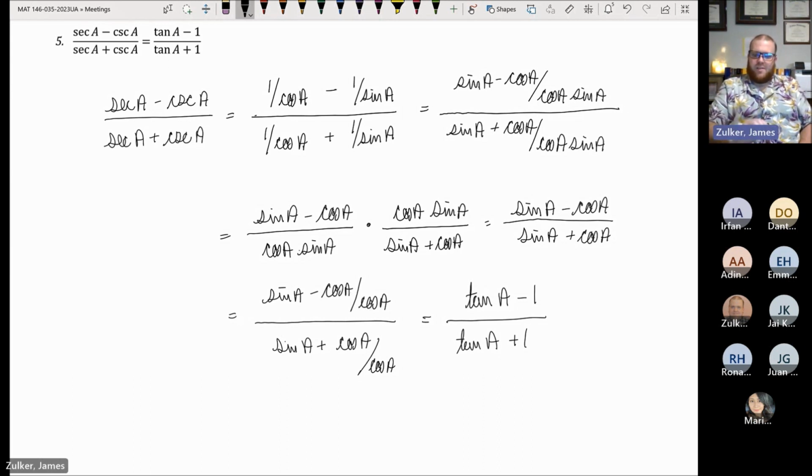Cosine over cosine is 1. We're left with tangent A minus 1 over tangent of A plus 1.